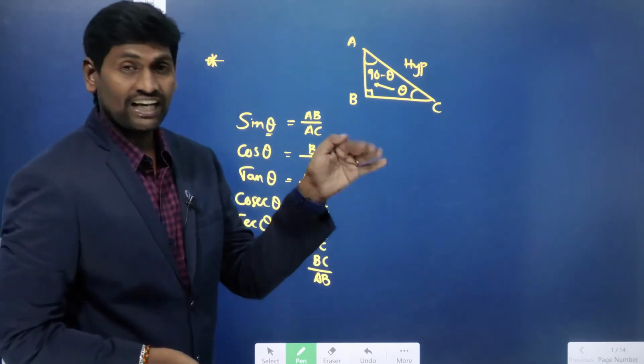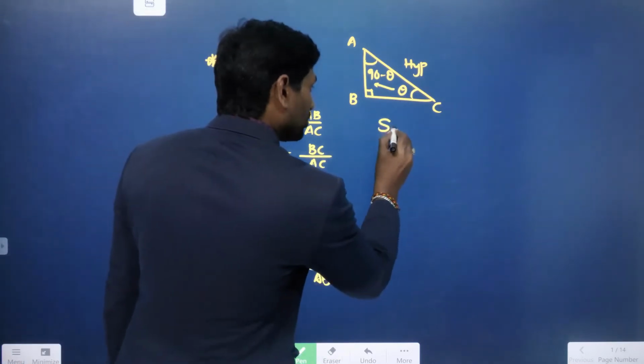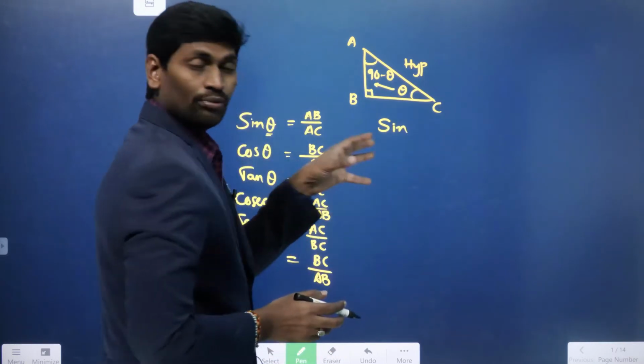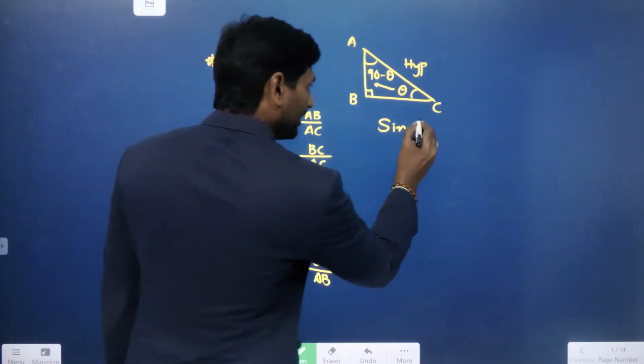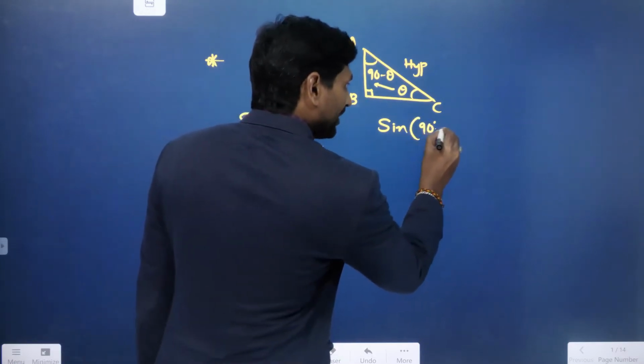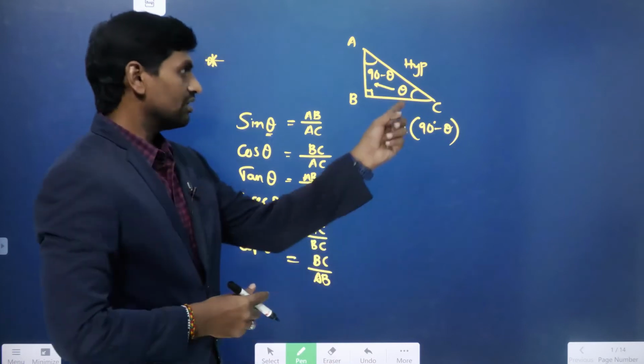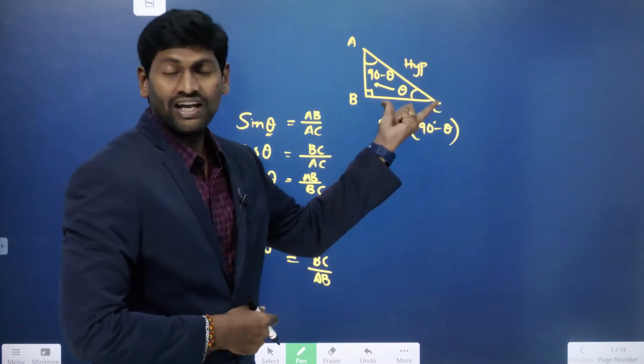Now let us take all the trigonometric ratios based on 90 minus theta. So now I am going to find sin 90 minus theta. First I took the ratios according to the angle theta.